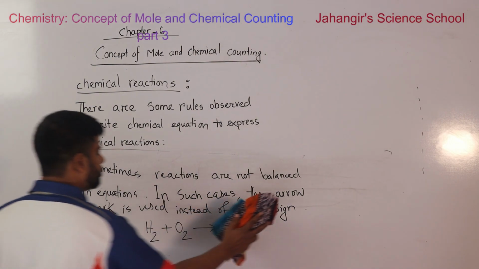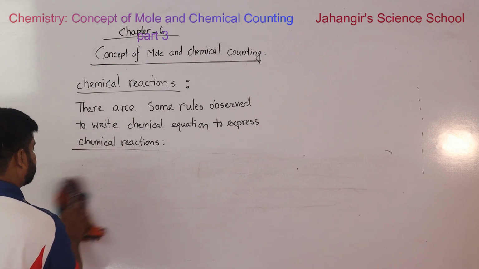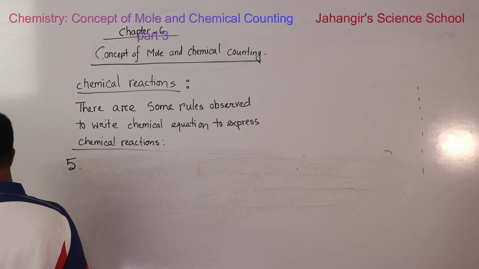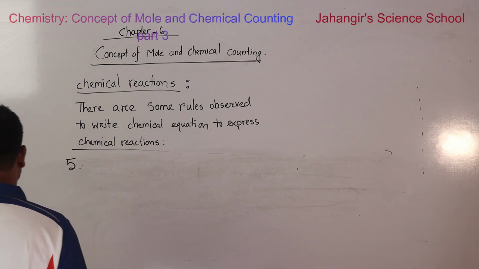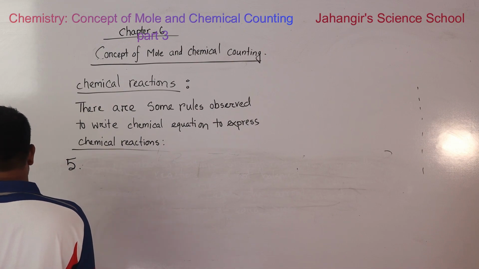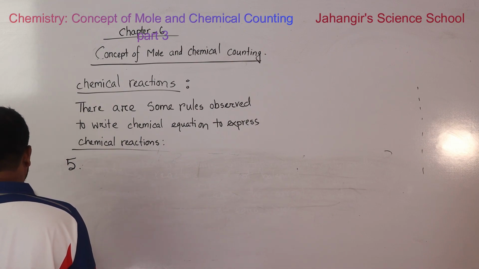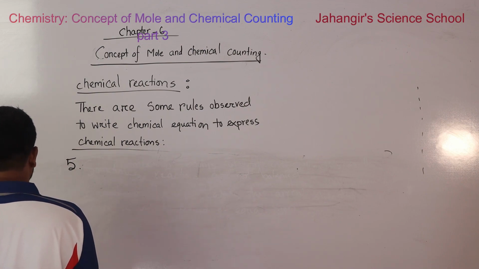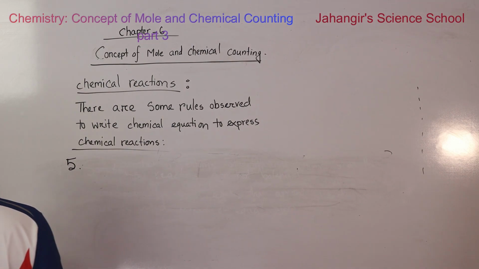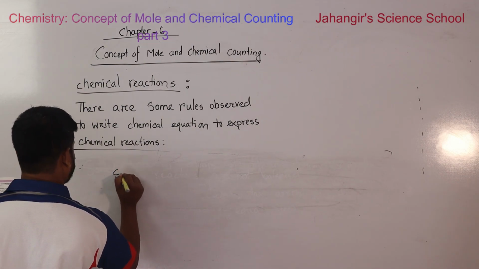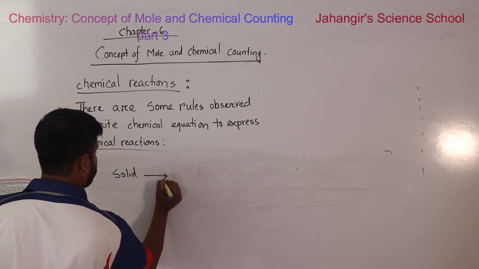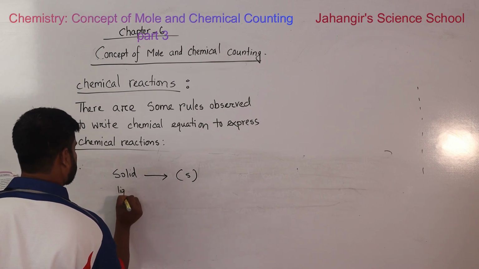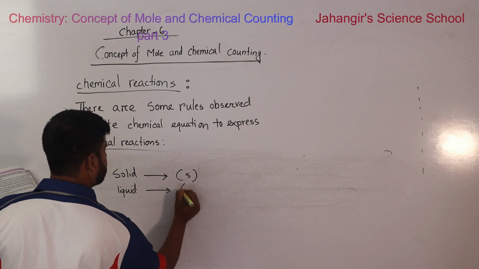Now, rule number 5. Sometimes the physical states of both reactants and products are also mentioned in an equation. It is written on the right side of the element or compound in brackets. If the physical state of the substance is solid, we write small s. If liquid, then we write small l.